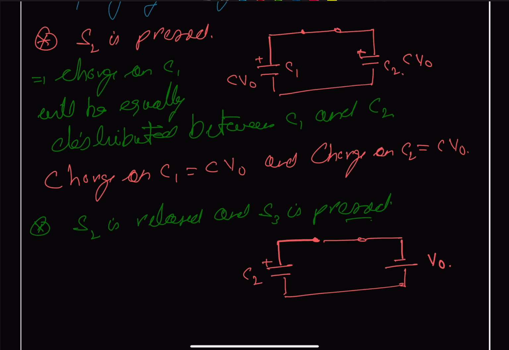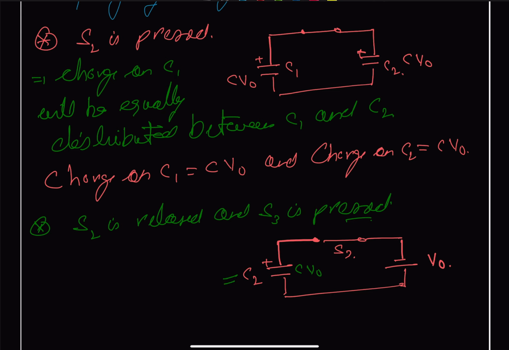This is our S3. Now as soon as S3 is pressed, the polarity of the capacitor voltage, which is CV0, is opposite to the applied voltage V0. So first it is going to discharge and then it is going to charge in the reverse direction.